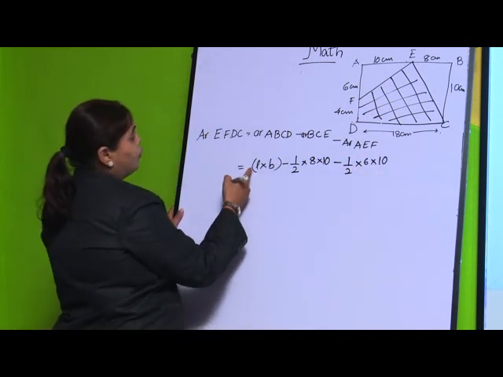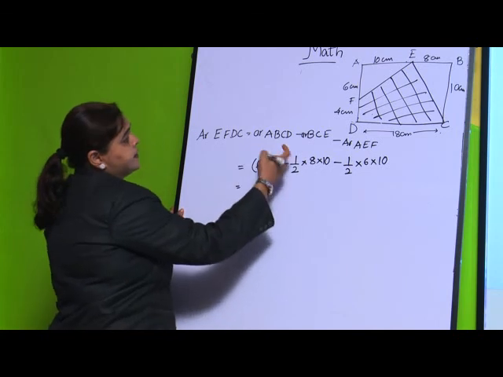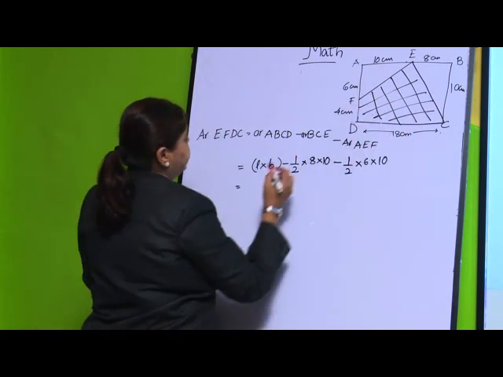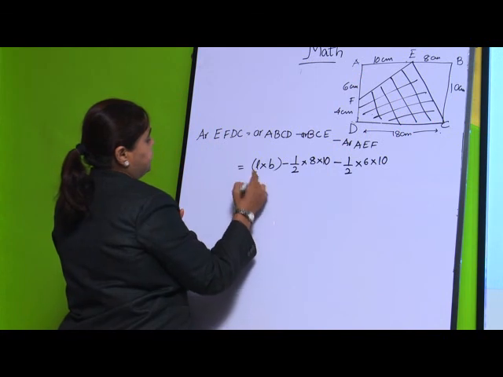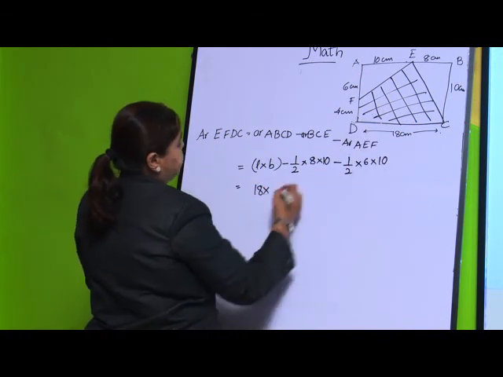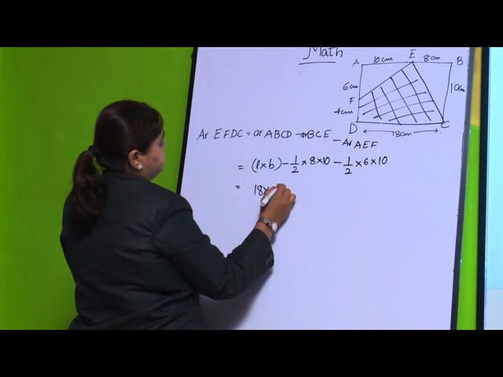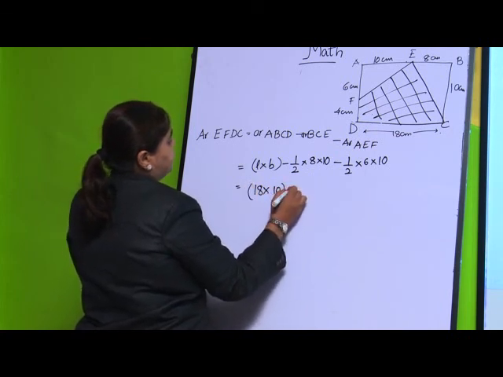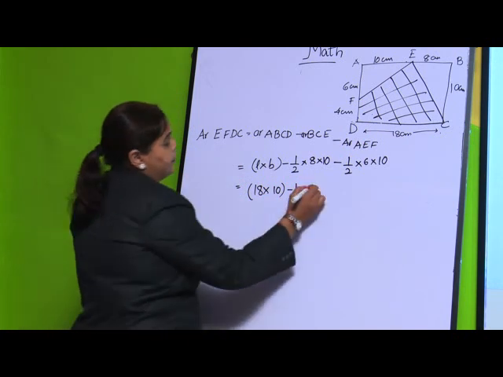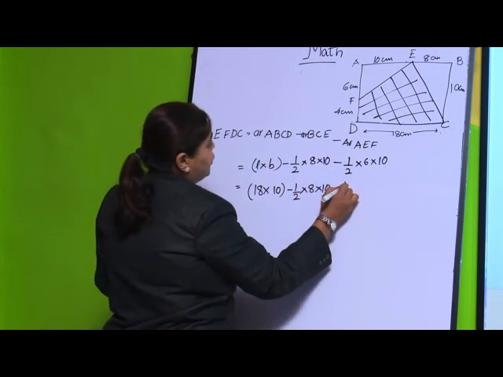Now, what is the length and breadth of this ABCD? Here is ABCD, the length is 18 centimeter. So, I will write in the place of length 18 centimeter and breadth is given to us as 10 centimeter. I will continue this. So, I will reduce here if it is possible.